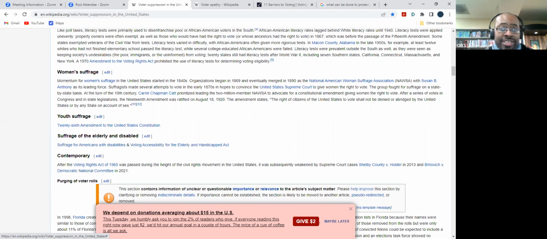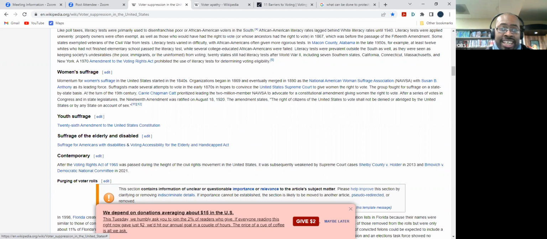And there have been several attempts nationally for the government to give women the right to vote as early as 1870. Finally, the 19th Amendment was ratified on August 18, 1920, which gave the right for women to vote.